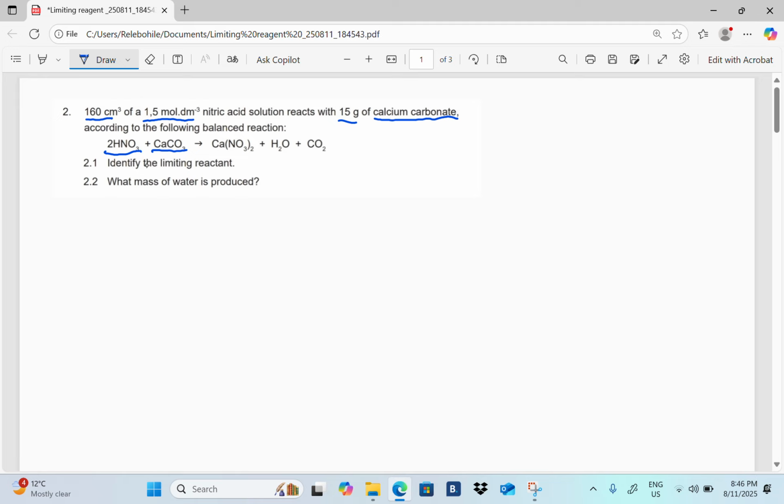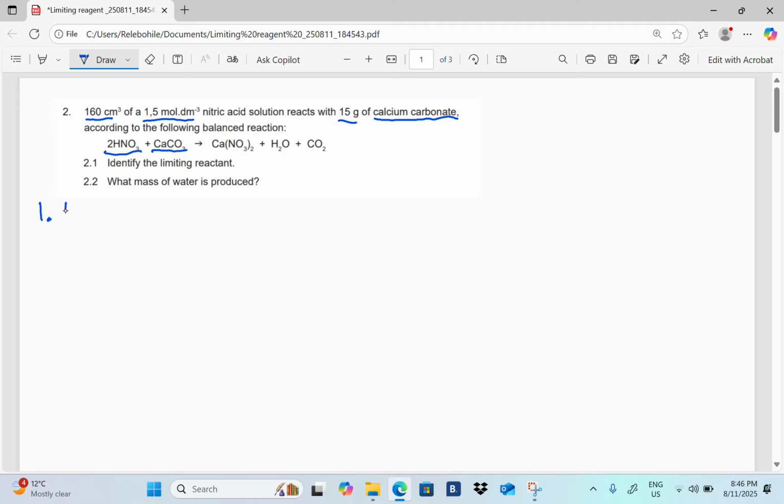So to solve this problem of identifying my limiting reactant, the first thing I'm going to do is use this information to find the number of moles of these two substances, and I'm going to do that by using formulas. How do I do that? I will start with my first step.